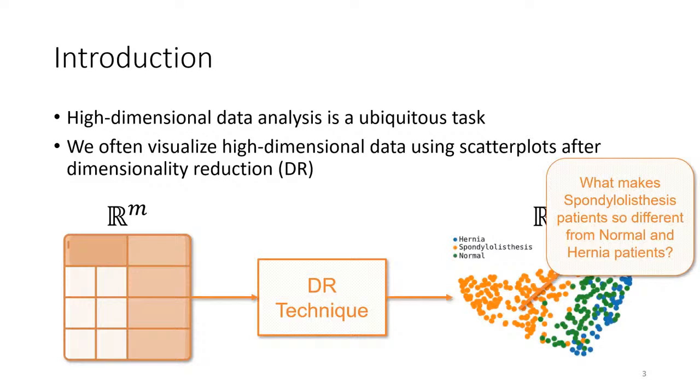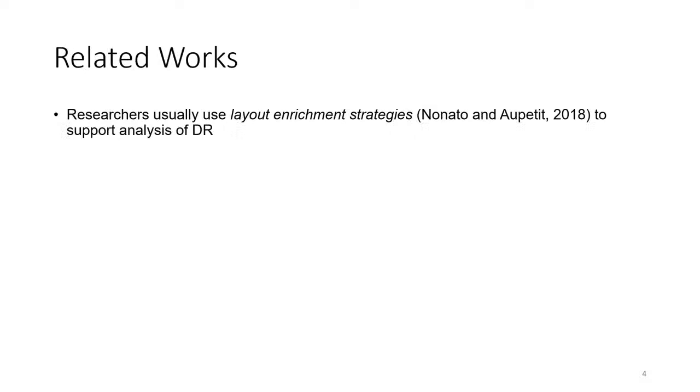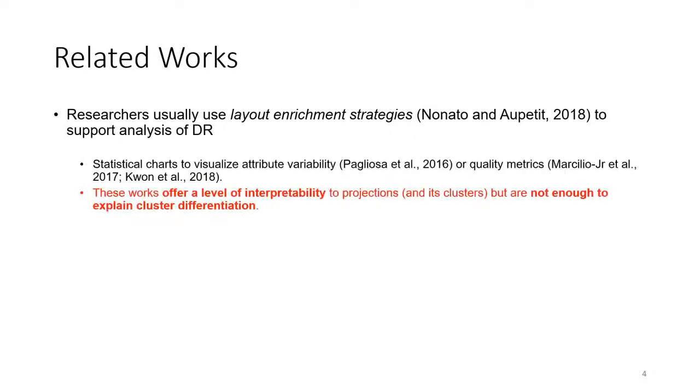Using this projection, I can formalize a few questions, like what makes spondylolysis patients so different from normal and hernia patients? To answer these questions, we can use statistical charts to visualize attribute variability and quality metrics that offer a level of interpretability but are not enough to explain cluster differentiation.